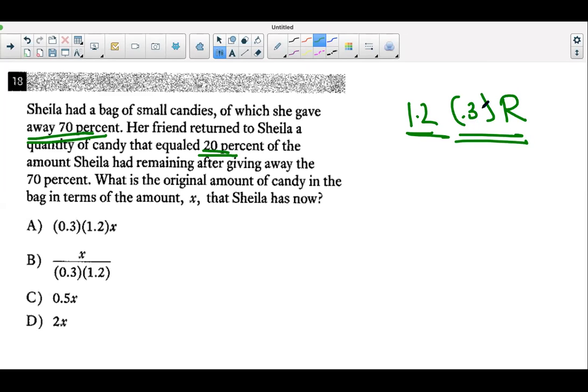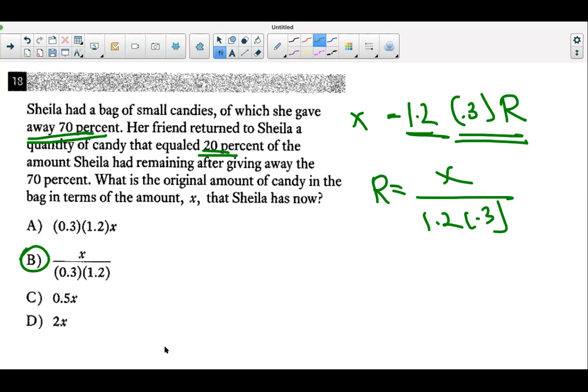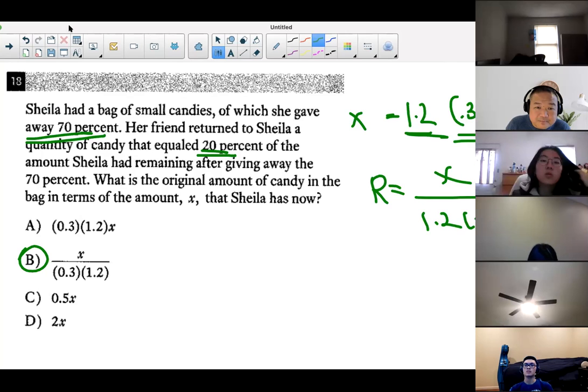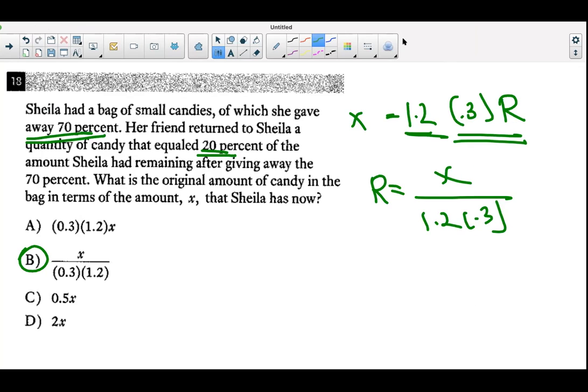But she got 20% of what she had. That's why we have 1.2 multiplied together. And then our final answer was X, which is the amount that she has now. But the question is, how much did she have originally? So we just have to divide by these two. So the original amount is X over 1.2 times 0.3, which is choice B. All right, so that's basically what we can do in number 18. All righty, guys. Let's move on to the next one.